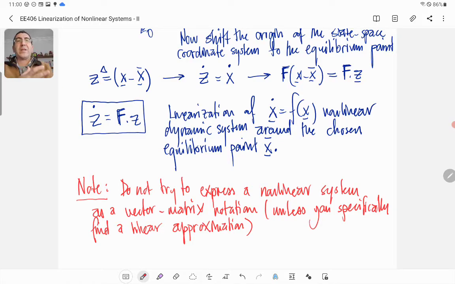You cannot go any further than that. You cannot organize it as x dot equals A times x plus something and so on. You can only do that if you try and find a linear approximation to the system, and then obviously by definition you will get a vector matrix notation. Okay. Now I will continue with an example.